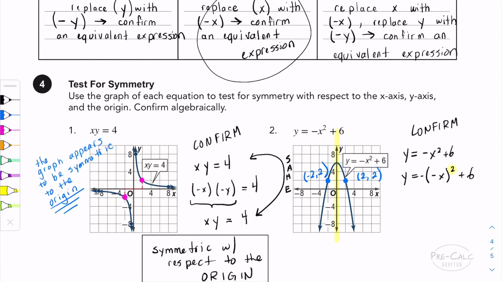And if you remember, any number raised to the power of 2 is going to be a positive value. This negative sign does not go away. So negative x squared plus 6, which is the same as your starting point. This graph is symmetric with respect to the y-axis.